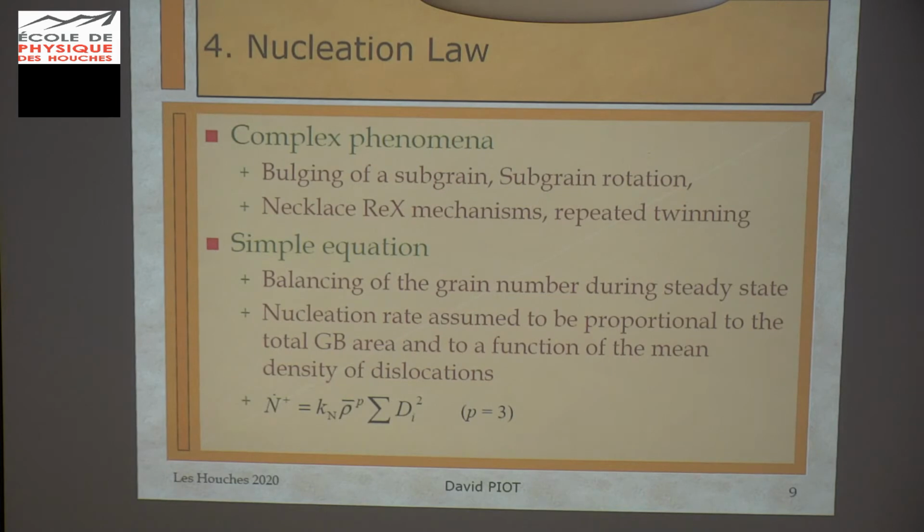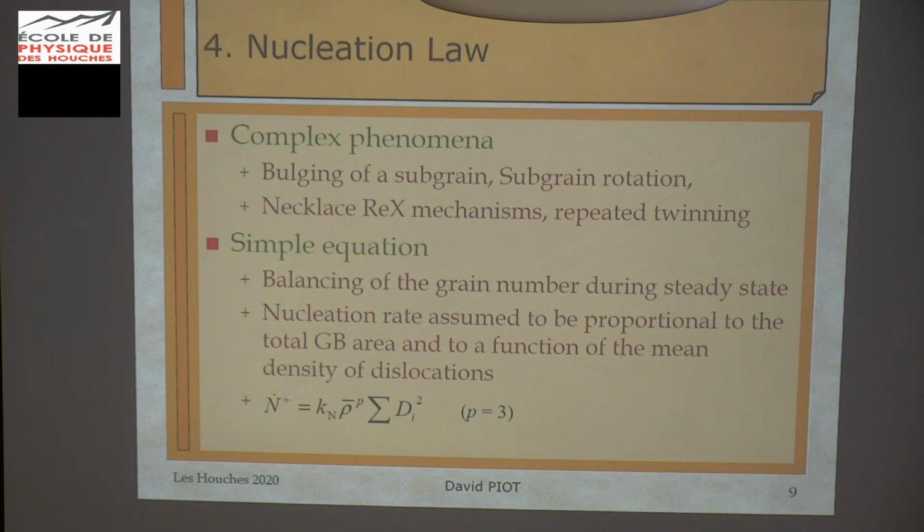So we need also a nucleation law. Nucleation involves complex phenomena: bulging, subgrain rotations. You have some mechanisms of necklace recrystallization, especially in the transient regime. You can also have repeated twinning as a mechanism for nucleation. So it's difficult to have a very precise law for nucleation.